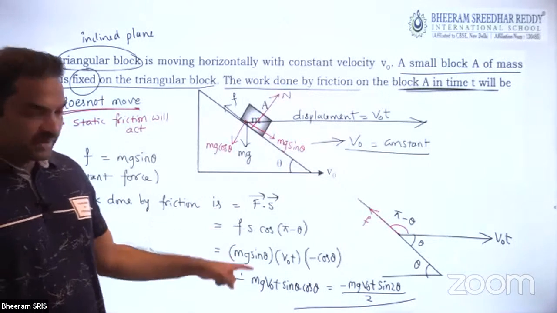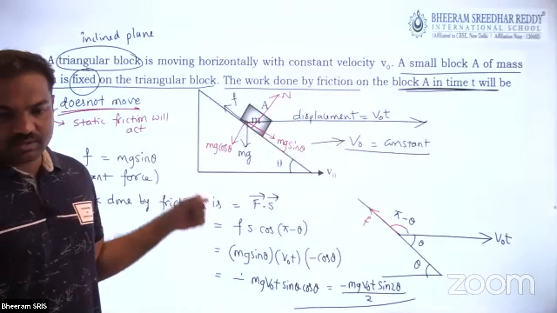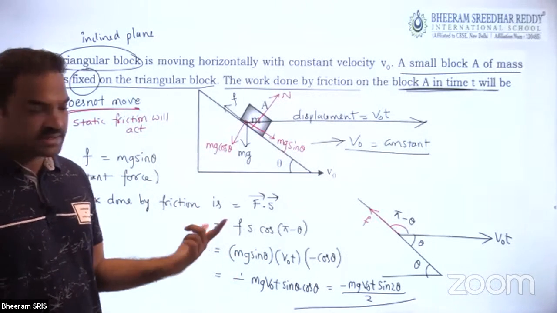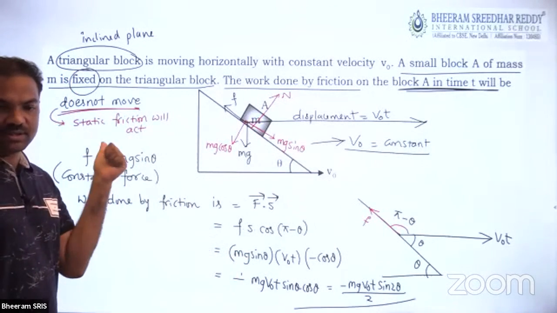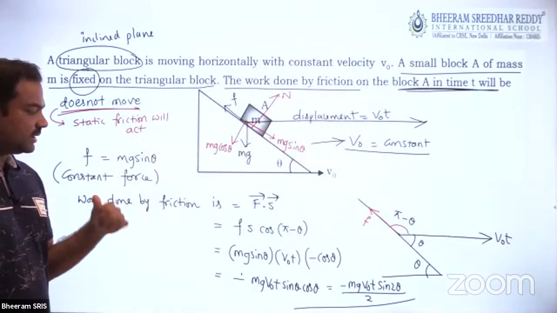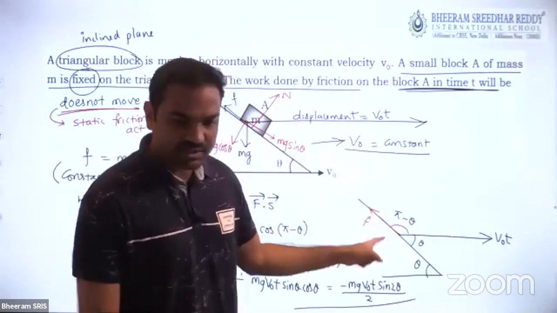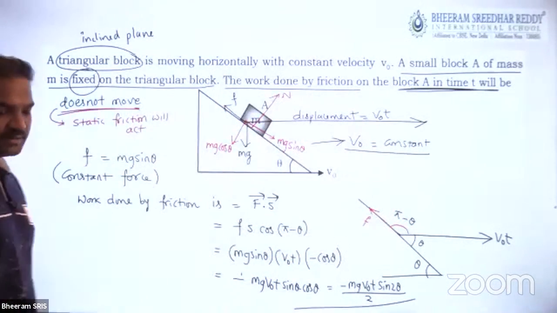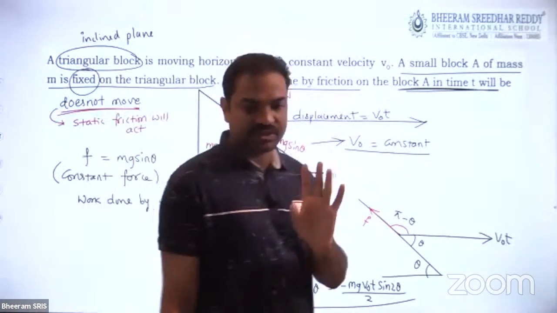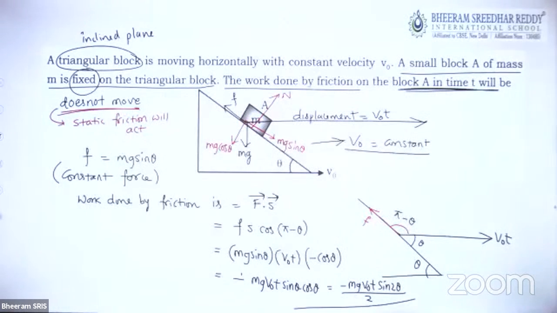Did all of you verify your mistake or not? So this is the place where you have made the mistake. The first place of mistake is the frictional force. The frictional force value should be mg sin theta, not mu into normal reaction. The second place to make a mistake is the angle between the displacement and friction. These are the two places where you can make mistakes. So try to rectify it.